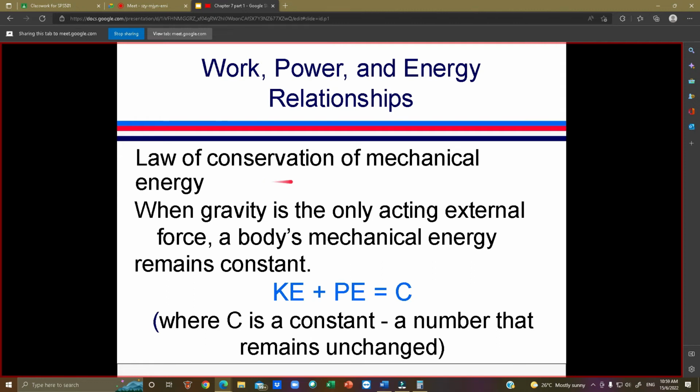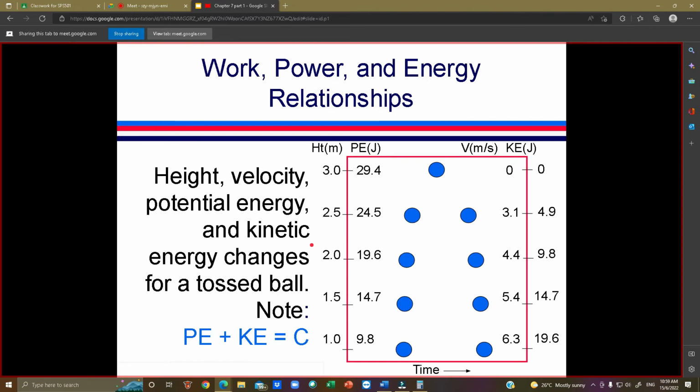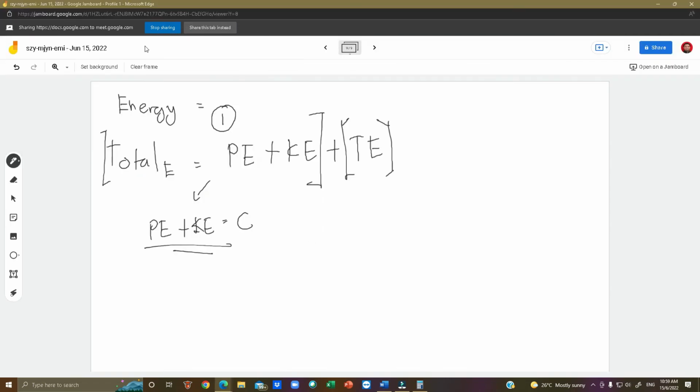Okay, so based on this mechanical energy conservation, it said that when gravity is the only acting external force, a body mechanical energy remain constant. Okay, what does it means by remain constant? Means any object will have a constant amount of energy being stored within.